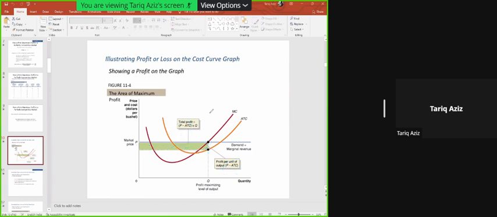So this is an example of a firm which is operating in a perfectly competitive market, in which case a single firm is a price taker, because the pricing is not under the control of the firm. The prices are fixed by the market.